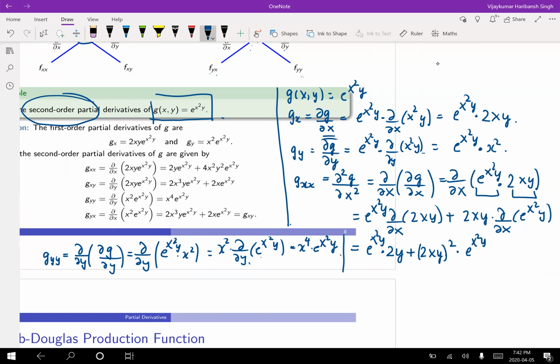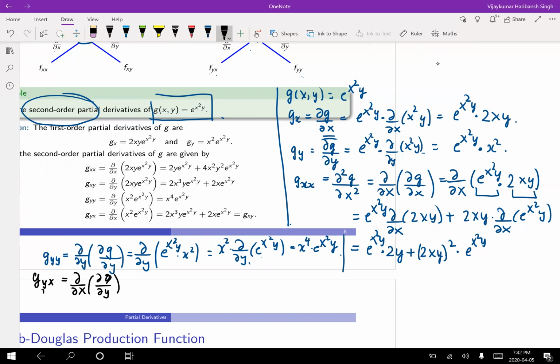Now the other ones. Note that the notation is written the other way around. The idea is that it's the first derivative with respect to, so it's written in the opposite order.